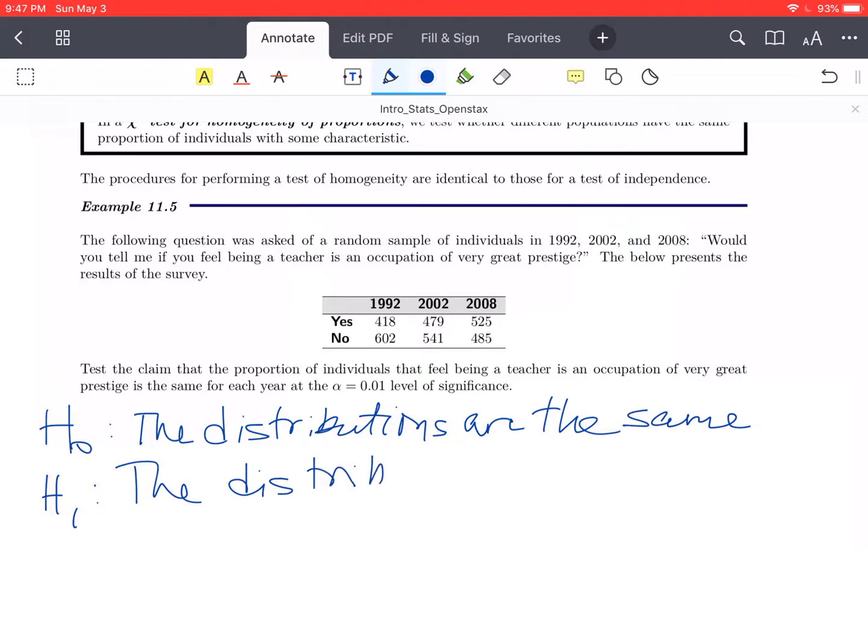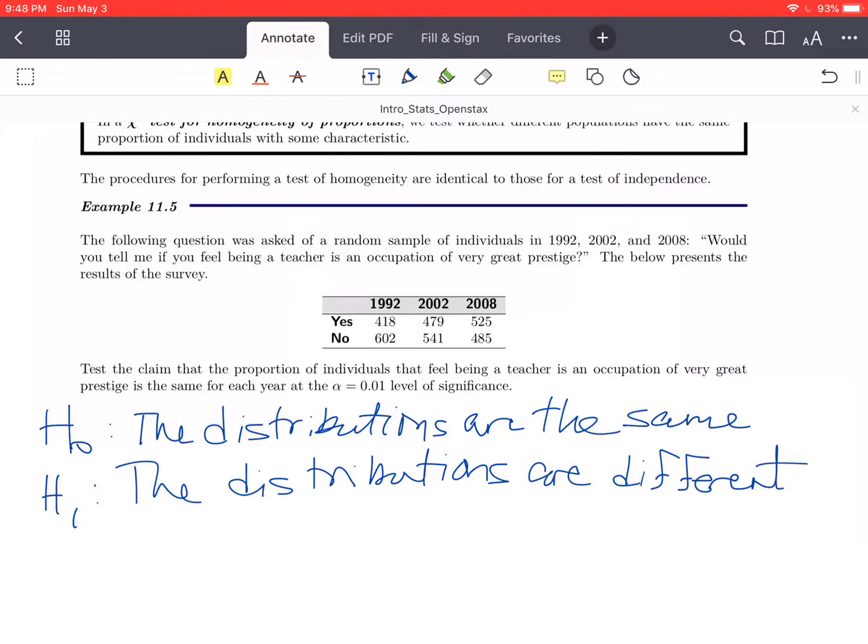So status quo, right, that null hypothesis says everything is the same, there's no change. Okay, so there we have our null and alternative hypotheses.